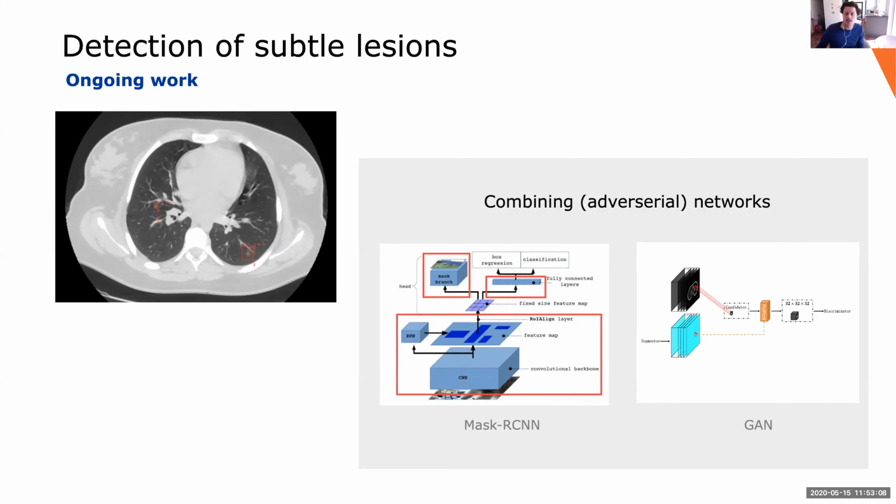In the first case, you would have some kind of region proposal, where we first identify the region where a lesion could be, and then afterwards a classification and segmentation network. On the other hand, we're using adversarial networks that combine a segmenter and a discriminator to see if we can boost the sensitivity for these subtle lesions.